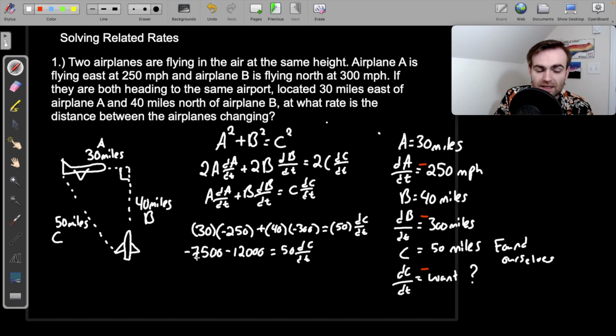Now, when we subtract from a negative, it's the same thing as adding, so that would be 19500. If I did that correctly, I believe I have. I'm going to take my word for it anyway. 50 dC dt, and then we would divide by 50.